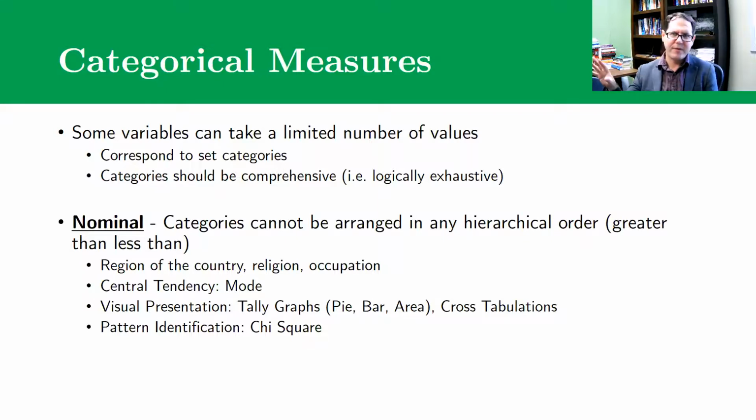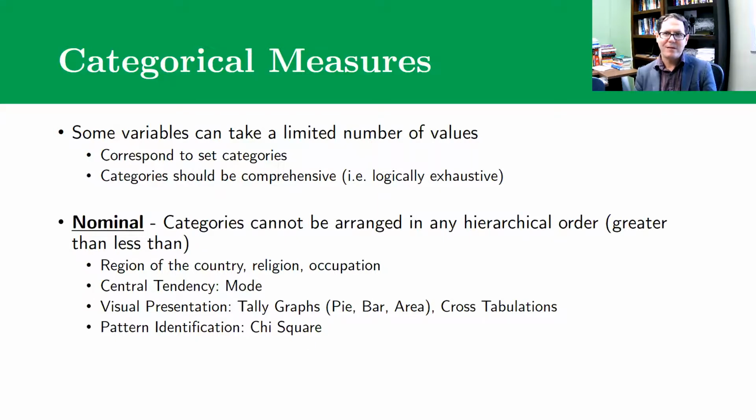If I had Northeast, Southeast, West, Midwest, whether I call Northeast 1 and Southeast 2 is a completely arbitrary decision, and I could flip-flop that coding around, and it would be really hard to make a case that one region is more or less than another region, at least not in a way that's going to be compelling to people.